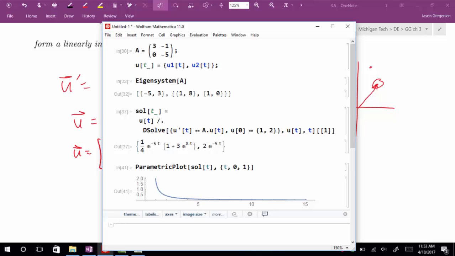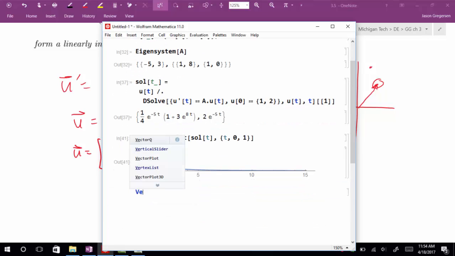When I was dealing with first order differential equations, and I wanted a view that would show me all the solutions, regardless of the initial condition, what did I have to do then? What did I use to graphically view all those solutions? Vector plot. I can do the same thing here.